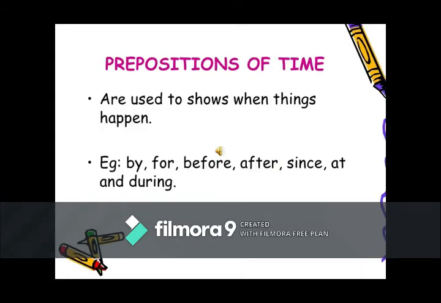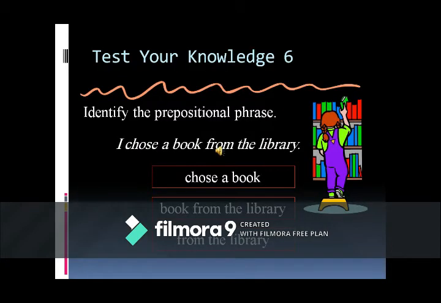Also, I have some prepositions that refer to time, when you did it, like by, for, before, after, since, at, and during. They are used to show when things happen. After we know what prepositions are, you have to know what the prepositional phrase is.